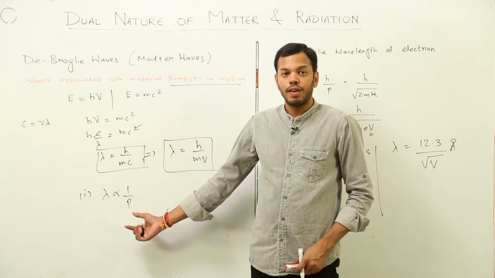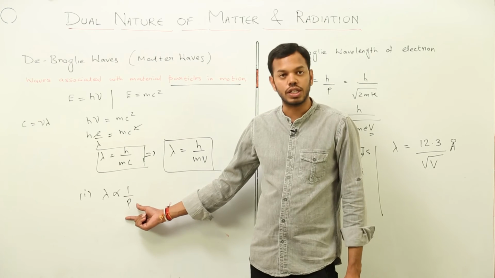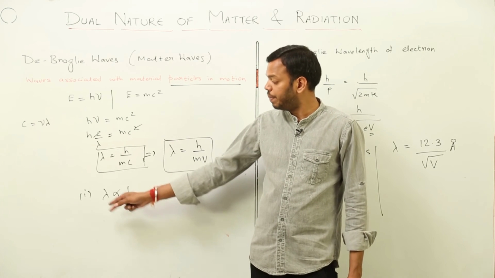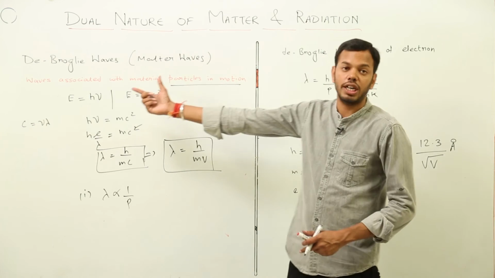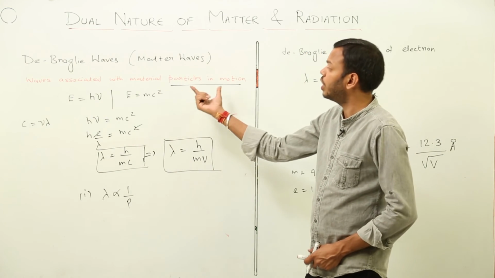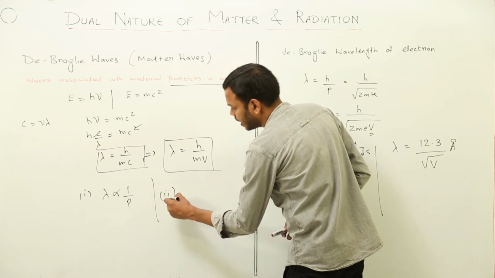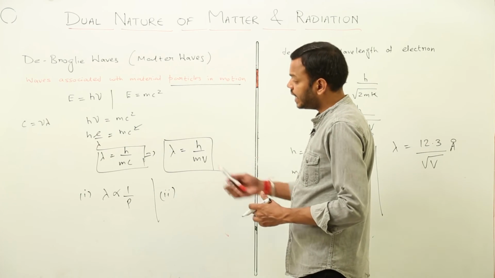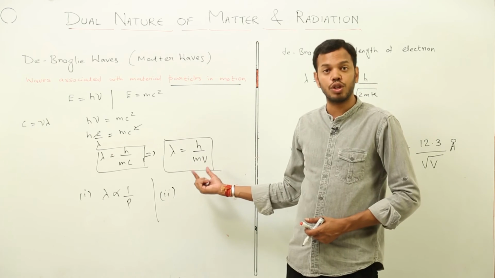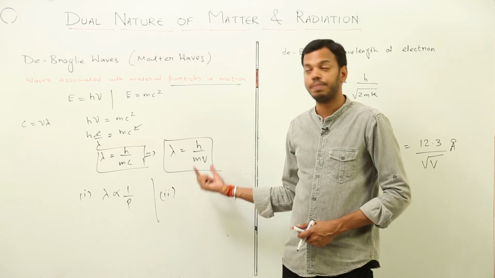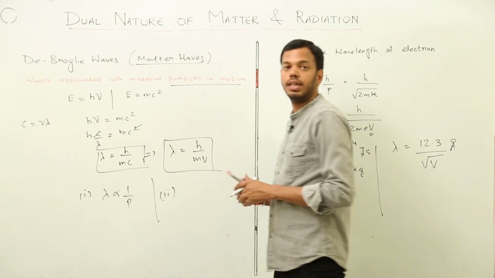That means for a particle having zero velocity, zero momentum, it will have infinite wavelength, right? So that is why de Broglie waves are associated with only and only particles which are in motion. Second point is that these wavelengths are charge independent. No matter what the charge on the body is, the lambda is still going to be the same, and hence these are called matter waves as well, right?